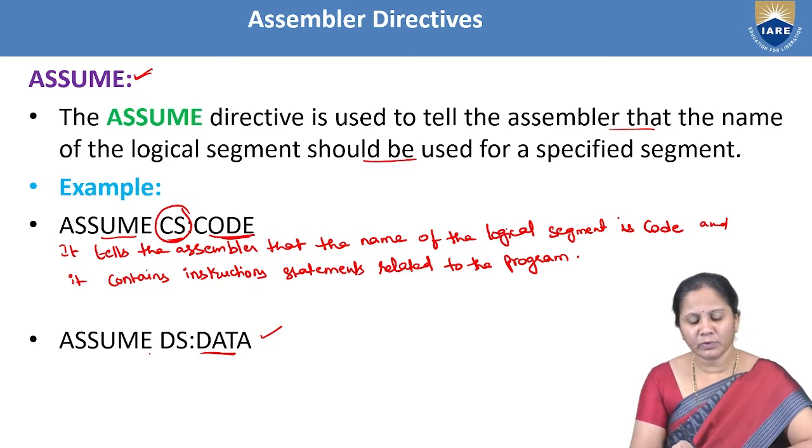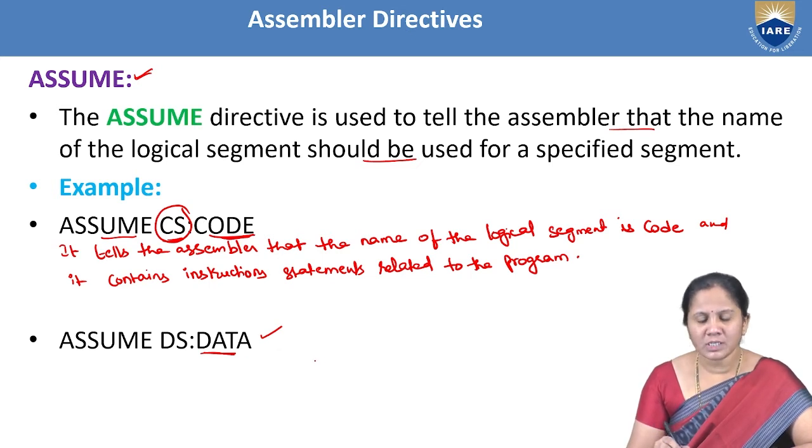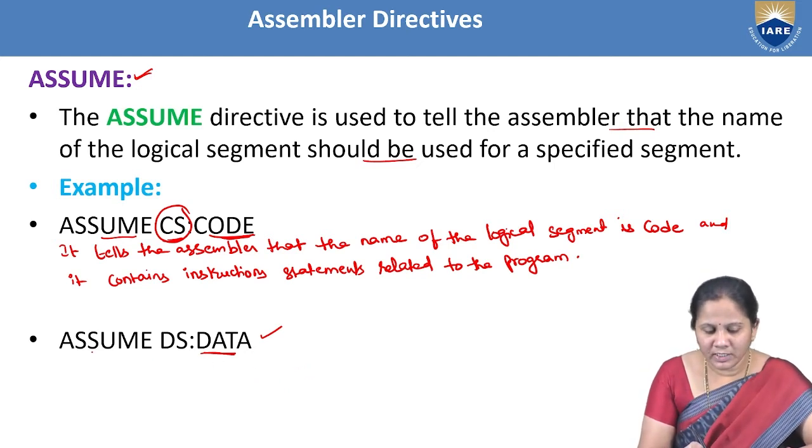Similarly, if you write ASSUME DS:DATA, it is going to tell the assembler that the name of the logical segment is data segment and data resides in that segment.